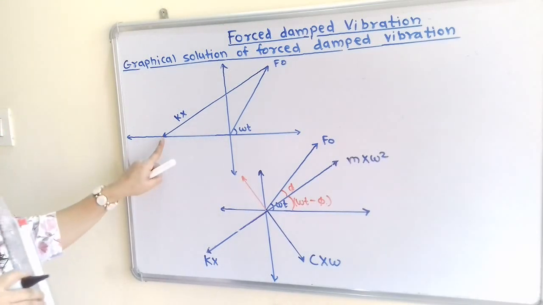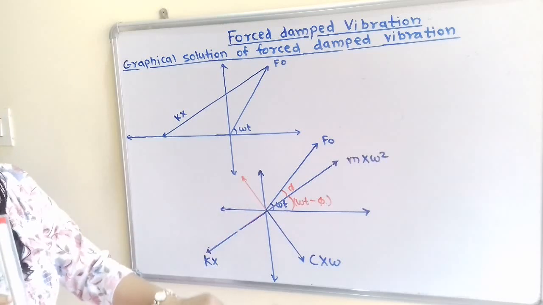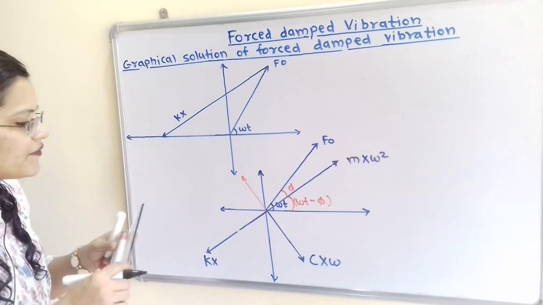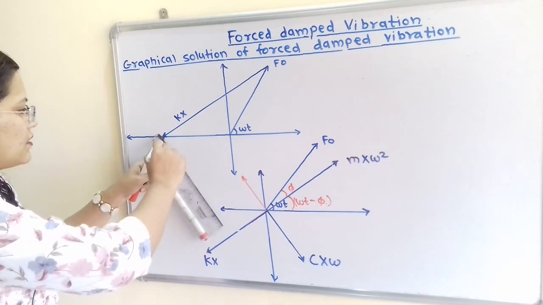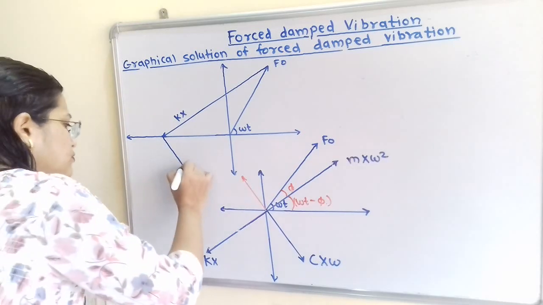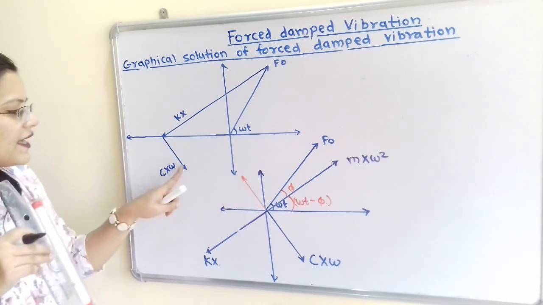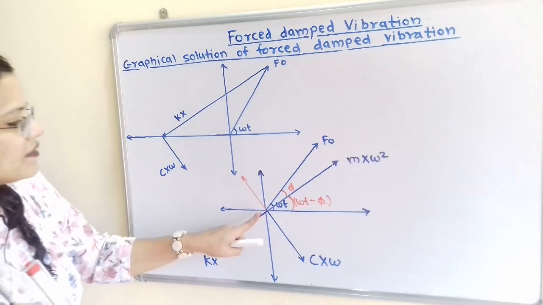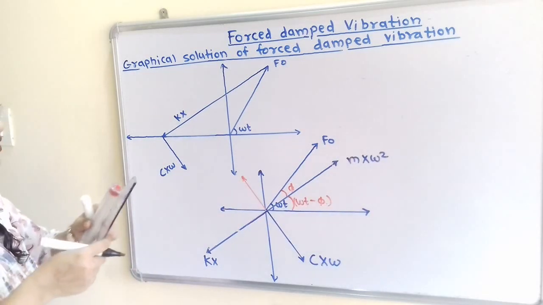Now again from the end point of this Kx we will start the new force, that is the damping force C x omega. Now we will take here one line parallel to this, and we will take here C x omega. Now from the end point of the C x omega we will start the new force again, and it is inertia force m x omega square. So direction will remain same.